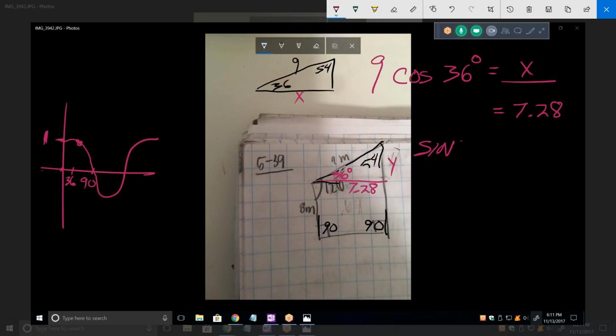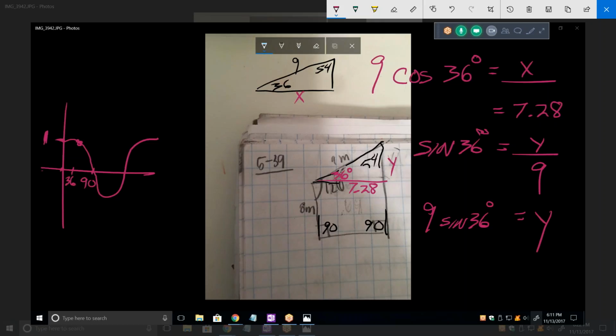But the easiest thing is the sine of 36 degrees is going to equal y over 9. So y is going to be 9 times the sine of 36 degrees.